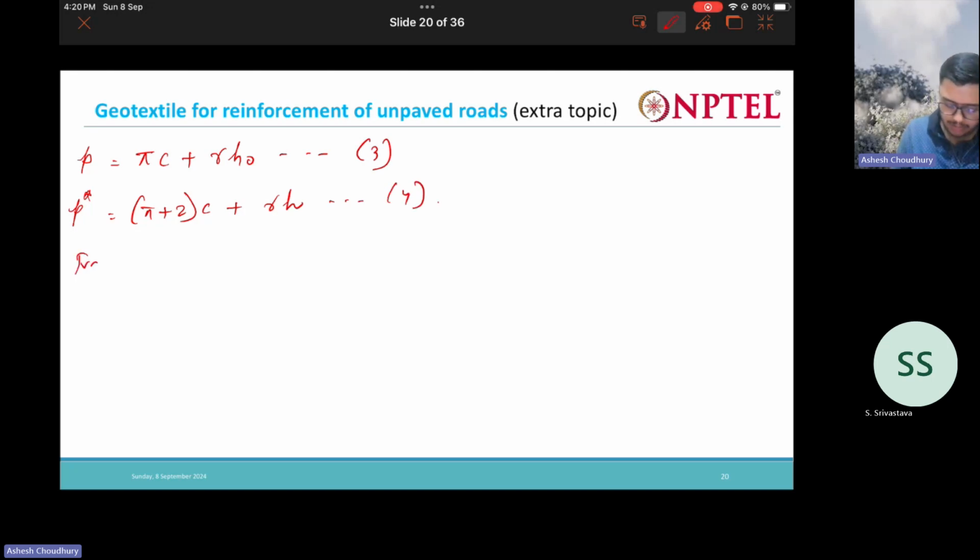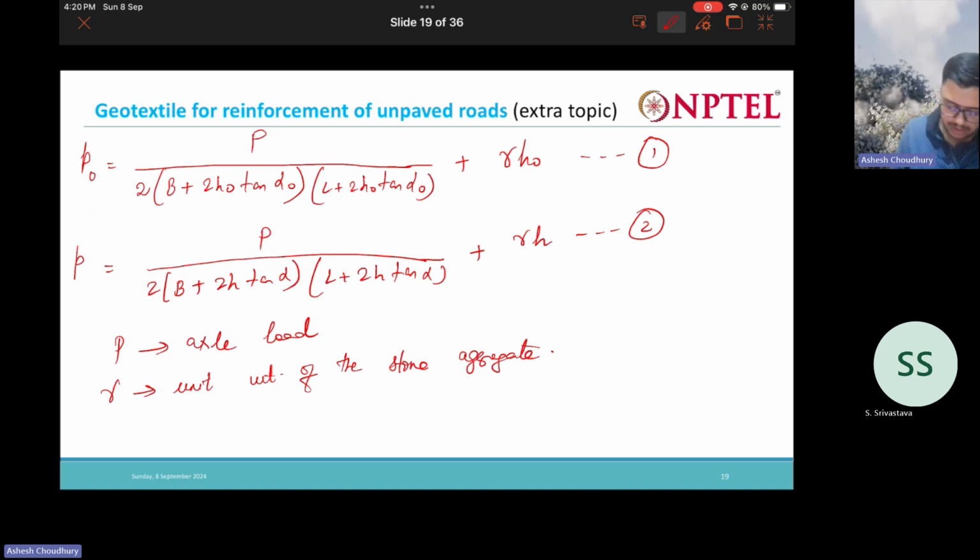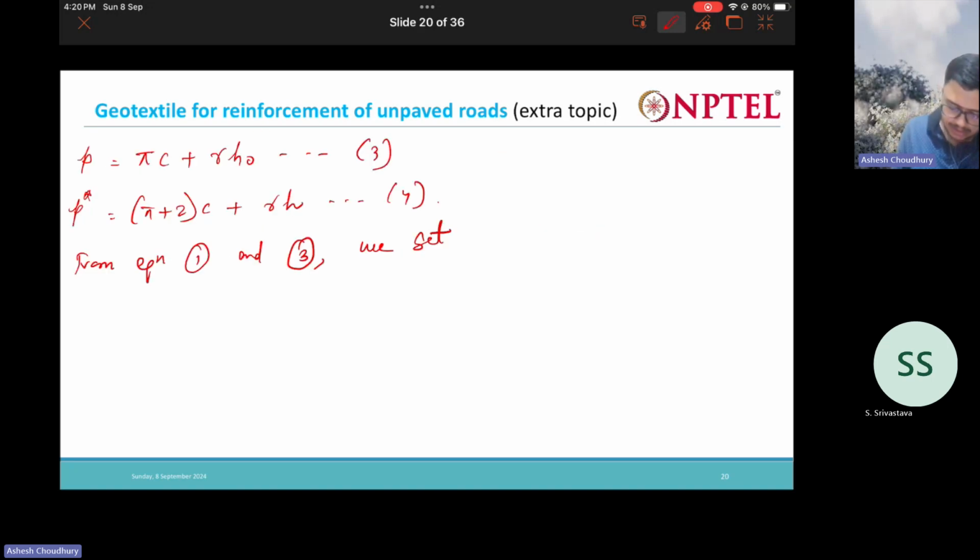Now from equation 1 and 3, on the left hand side this 3 is nothing but P naught.